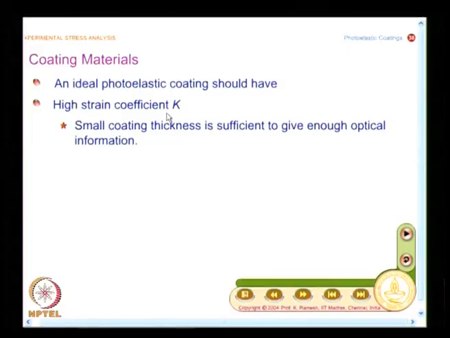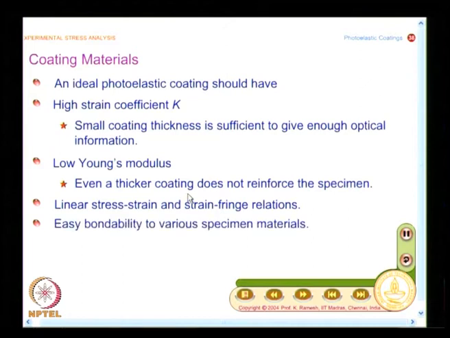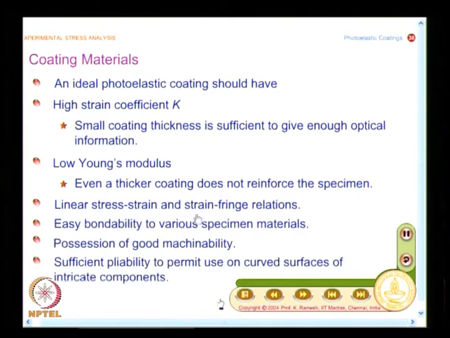So, from that point of view, you want to have high strain coefficient K, and the reason is a small coating thickness is sufficient to give enough optical information. And you want to have low Young's modulus, because you do not want this to reinforce the specimen, and you want to have linear stress strain and strain fringe relations, so that interpretation becomes a lot simpler.